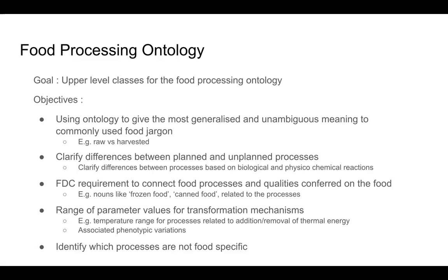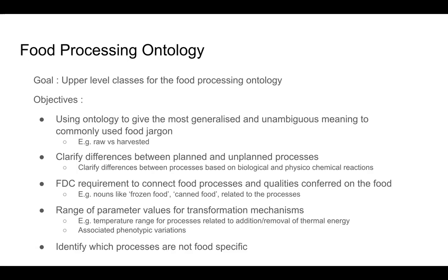Going on with these objectives, you might want a range of parameter values for the transformation mechanisms. For instance, is there a temperature range for processes related to the removal or addition of thermal energy? Or any associated phenotypic variations. So if you apply X amount of a certain energy, how does that change the phenotypes?